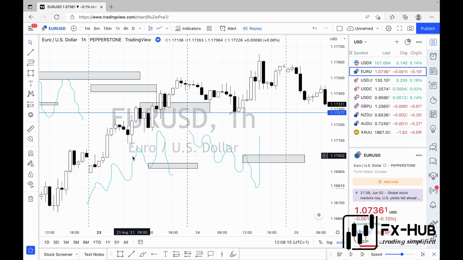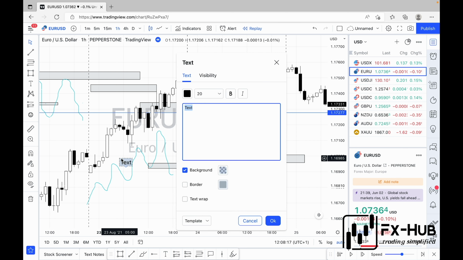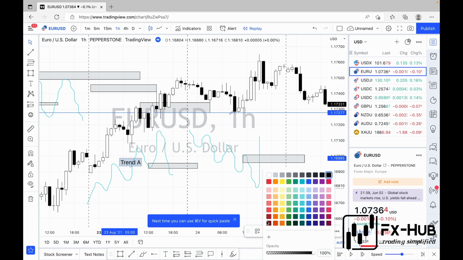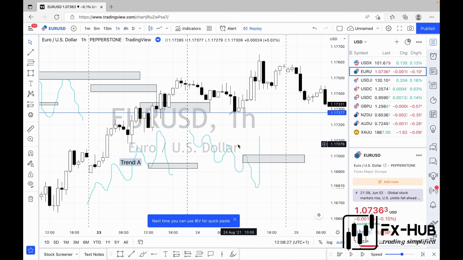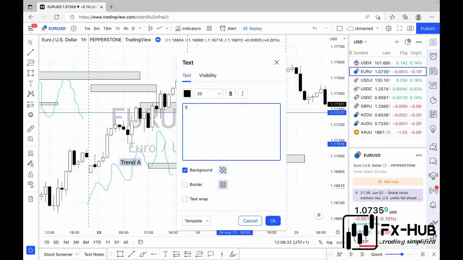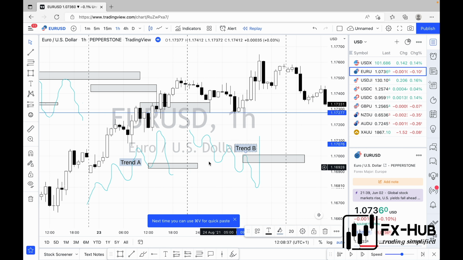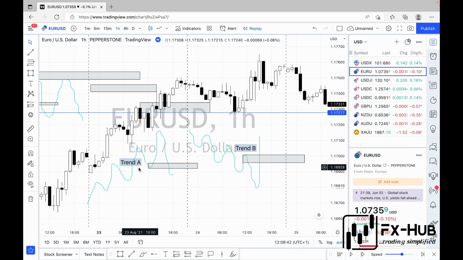For this one now, let me label this to be trend A. Let me label this one to be trend B. So in trend A, let's say the market changed when the higher low broke.